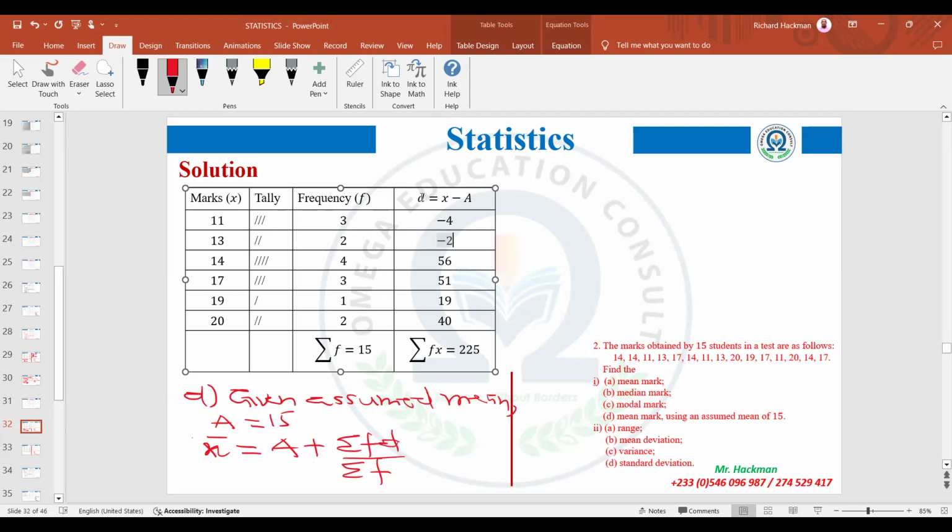That's why we are calling it the deviation, and deviation must always be from a particular value. So each observation, you subtract the assumed mean. If I want to get the D for this particular row, I need 11 minus 15, and that will give me minus 4. Is it clear now?